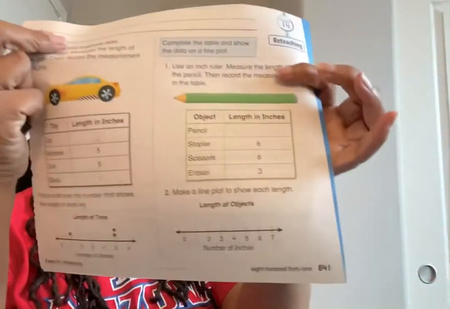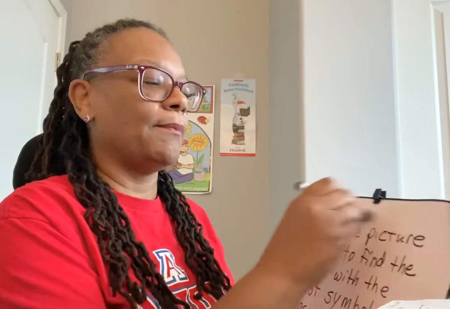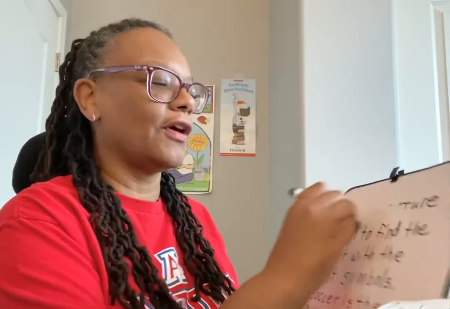All right. I want to go through it quickly so that you can have more time. Now, on the next page, this page right here, 841, it says line plots show and organize data. Use an inch ruler and measure the length of the toy car.